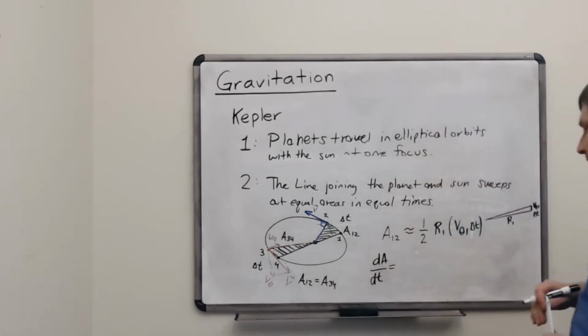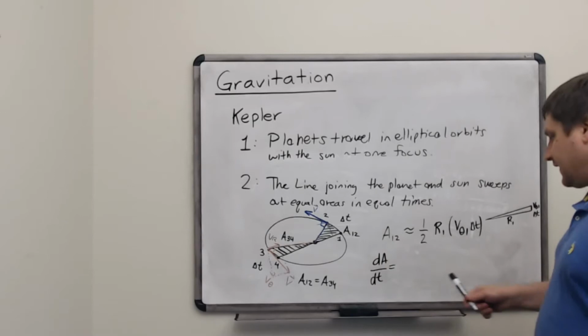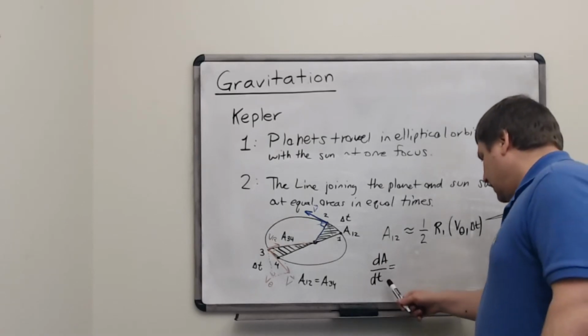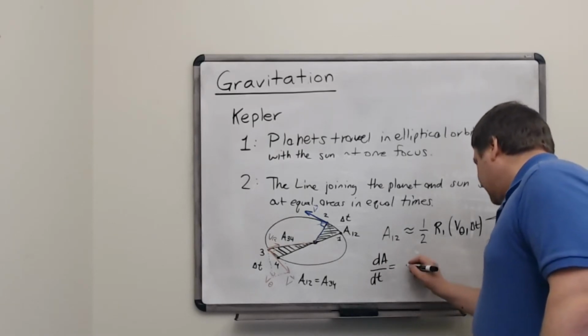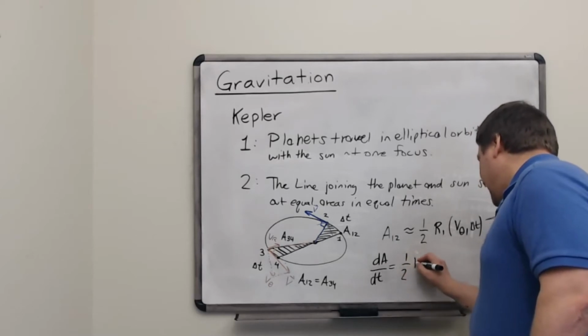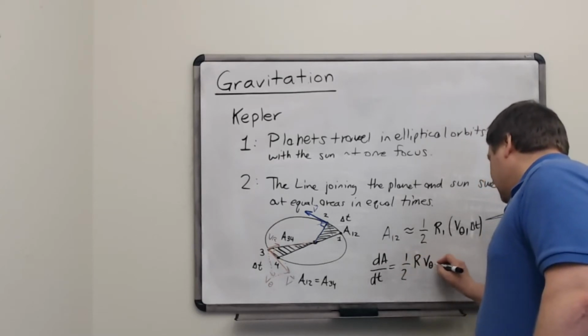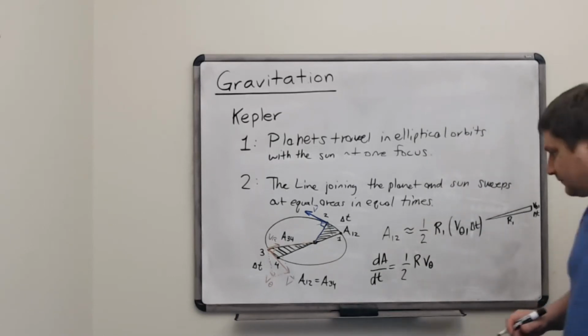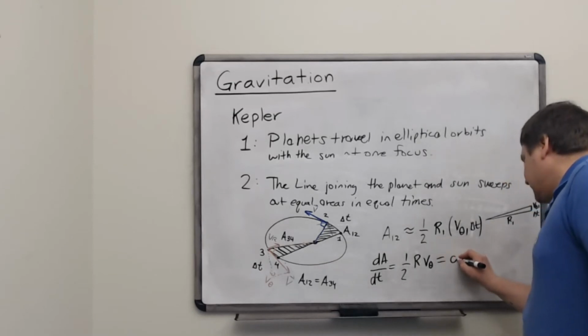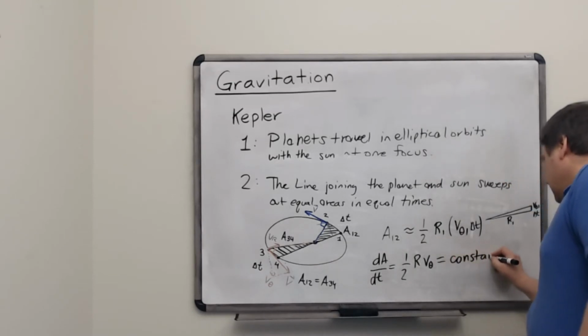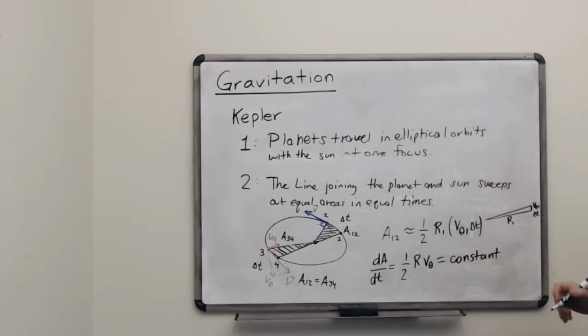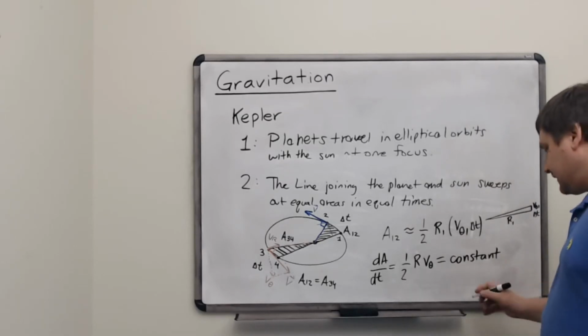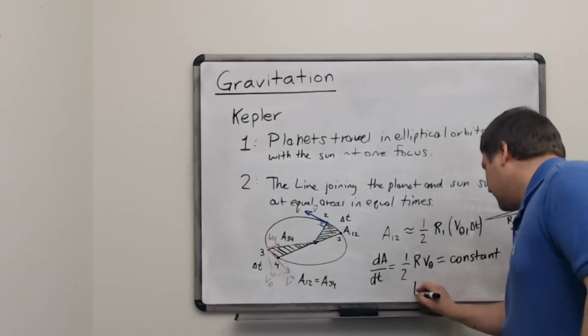If we consider arbitrarily short time intervals, we can think of this area as a function of time and take its derivative. And we will then get 1/2 r times this tangential component of the velocity. So Kepler's law states that this quantity is constant, and since it's constant, the factor of 1/2 isn't really important.